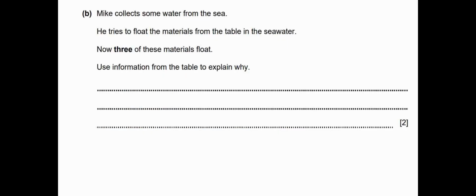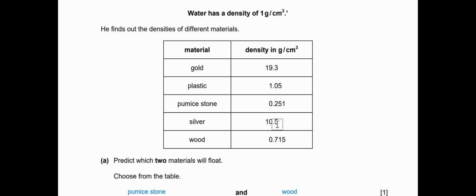Next. Question B. Mike collects some water from the sea. He tries to float the materials from the table in the sea water. Now 3 of these materials float. Use information from the table to explain why. The 3 materials will be the first 2 that we answered in question A, pumice stone and wood, and 1 more will be plastic, because plastic has a density of around 1.05, which is near the density of water.